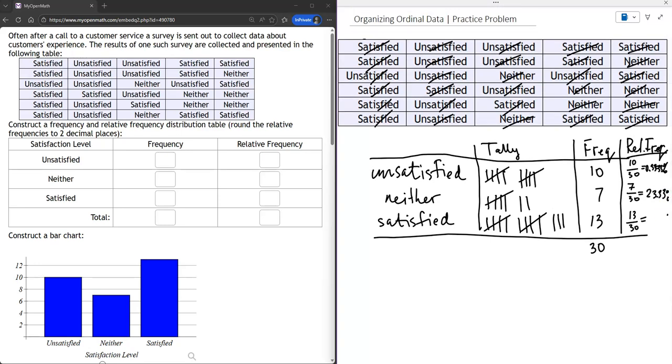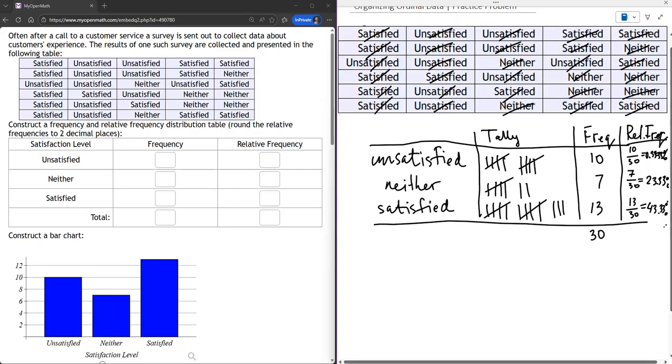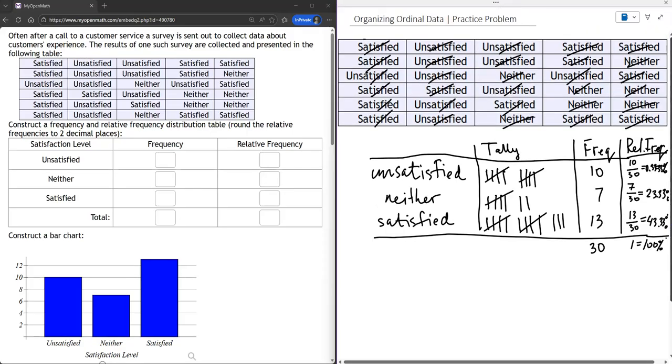And 13 divided by 30 is almost twice as much, so it's 43.3%. So the total here is always either 1 or 100%, depending on how you express your relative frequencies, either in decimal form or as percentages.